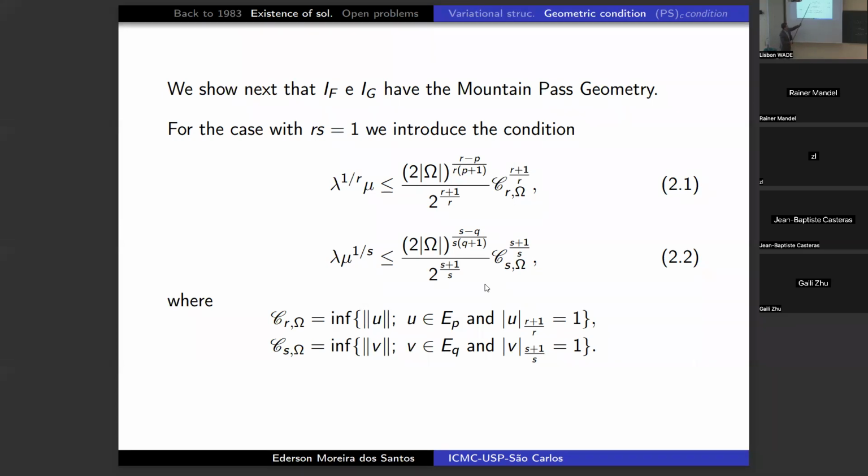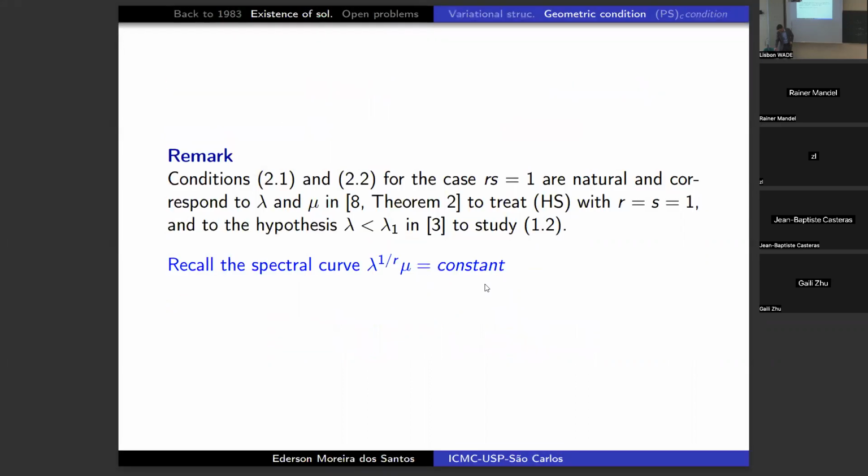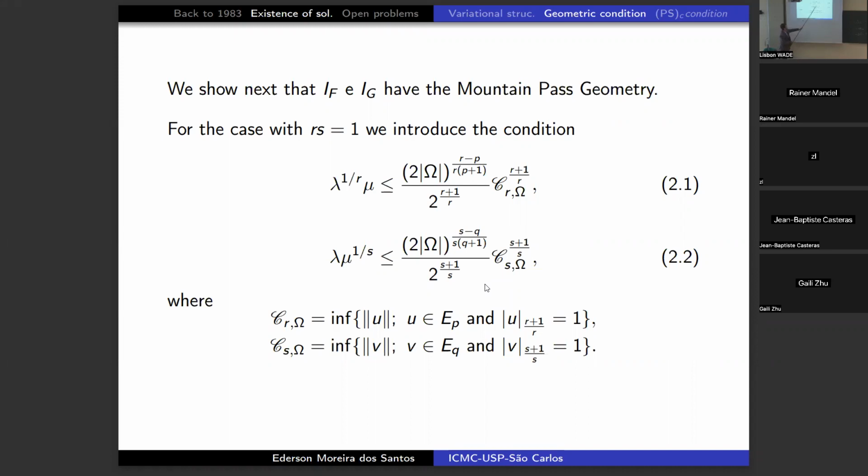Yeah, in our paper, the main eigenvalue curve is when this is equal to a constant. So we parameterize the eigenvalue curve. And as I said, both of these conditions: this is to treat the case when we use this inversion here, and this is to treat the case that we use the inversion of the first line.